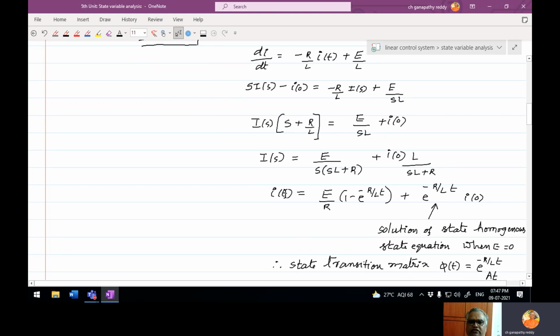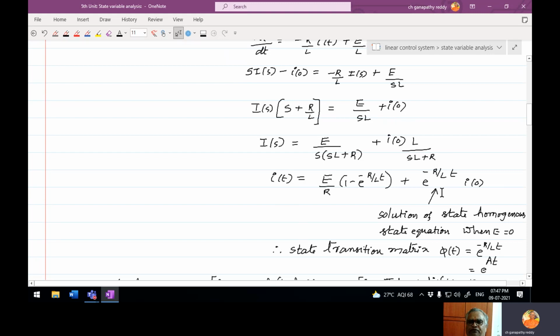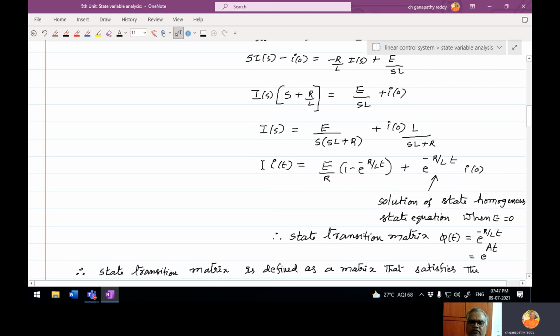What we are looking for is the inverse Laplace transform, I of t is equal to so and so. If you observe carefully, this output I of t contains an input function and initial conditions. This is the output because of initial condition. This is the output because of input. So this is only because of initial condition.